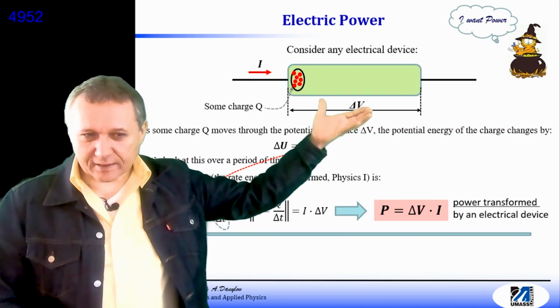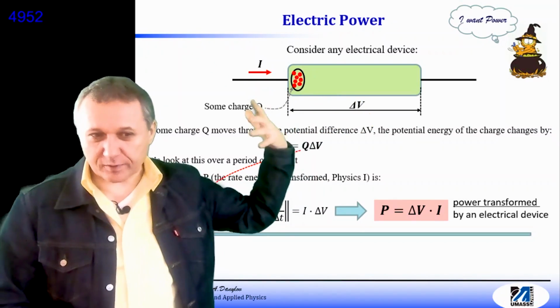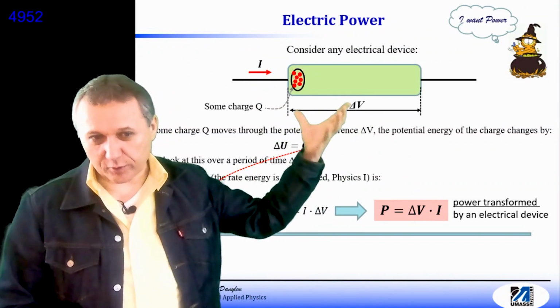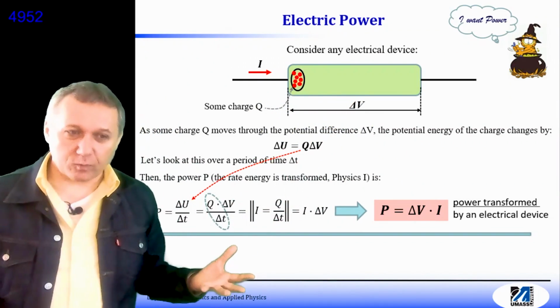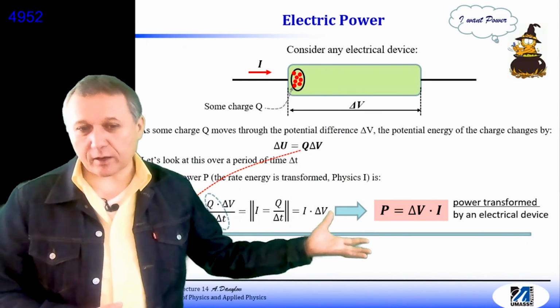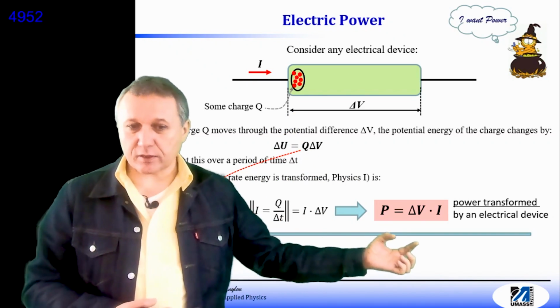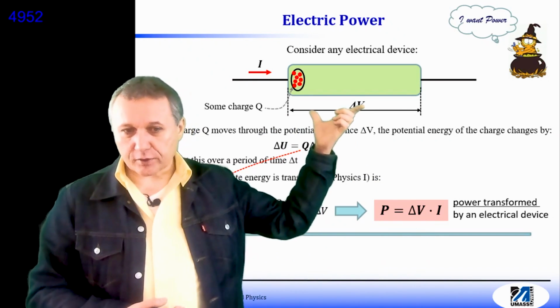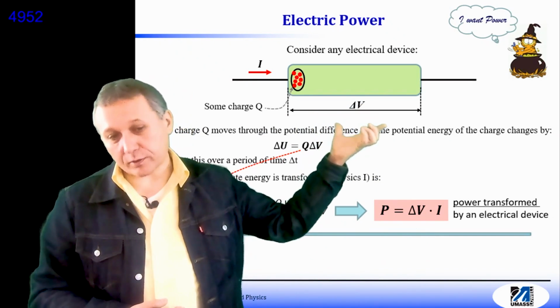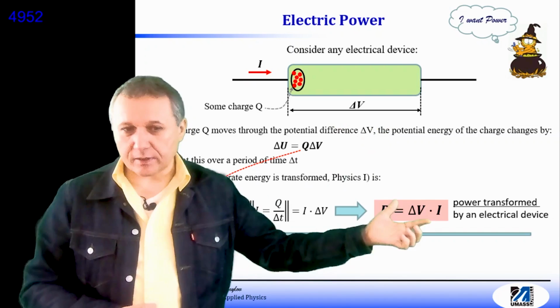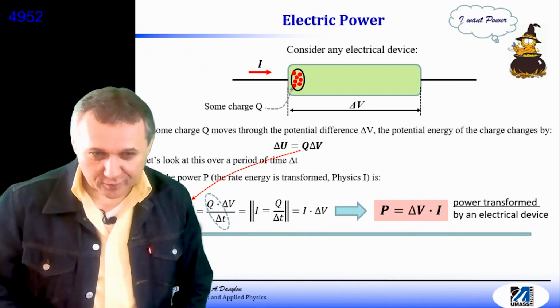Of course, in this case, the electric form of energy is transformed into thermal energy, into heat. So this resistor, for example, gets warmer. So how can we calculate power? Here is the short derivation. It's just a product of the potential difference across the device, across the element, times the current flowing through this element.